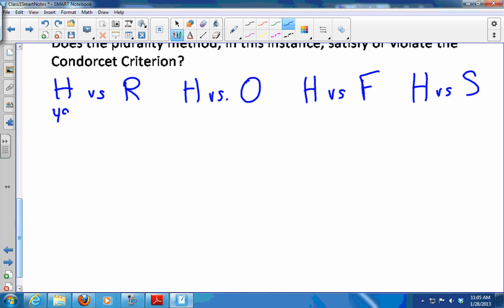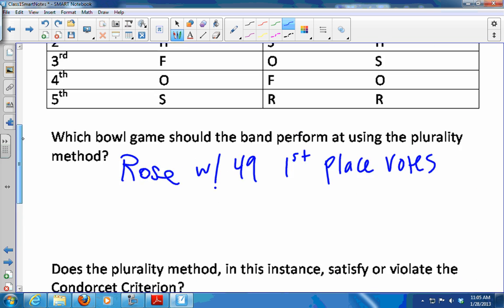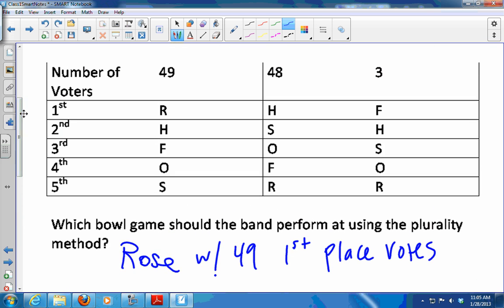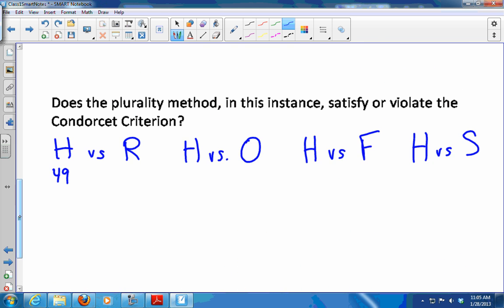So I have 49 for the Rose Bowl there. Now the next 48 people, if they had to choose between the Hula Bowl and the Rose Bowl, who would they choose? Hula. They've got it ranked way above Rose, right? So 48 would choose Hula.